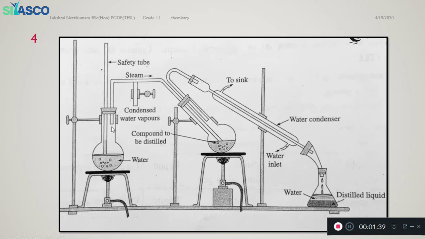This produced vapor goes through this tube to the other flask where we want to distill compounds, and that is also in a solution.